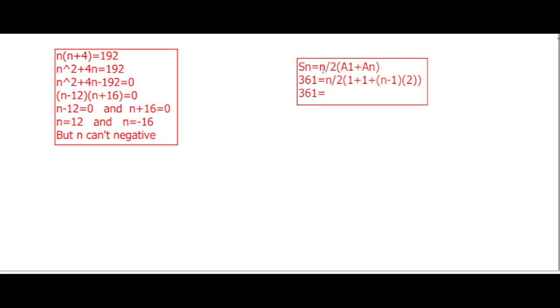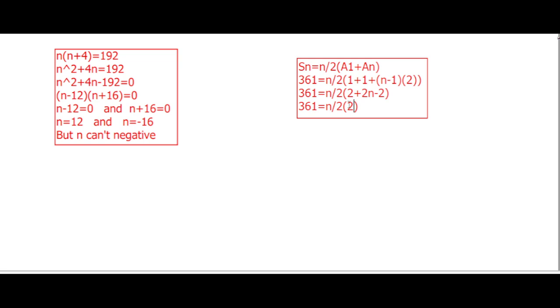361 is equal to n over 2 times 1 plus 1, 2, plus, let's distribute, 2 times n minus 2. 361 is equal to n over 2 times 2 minus 2, 0, we have 2n.